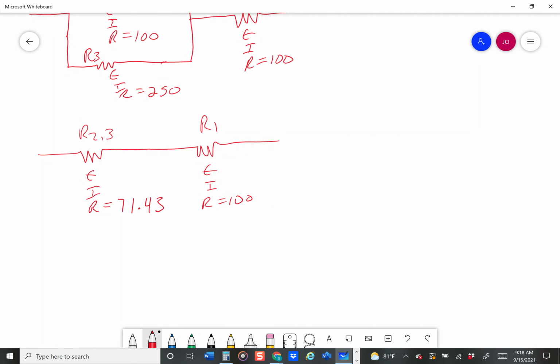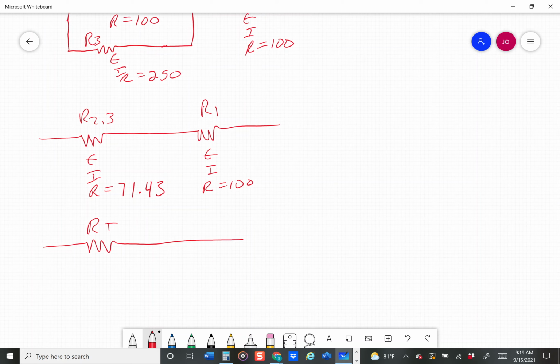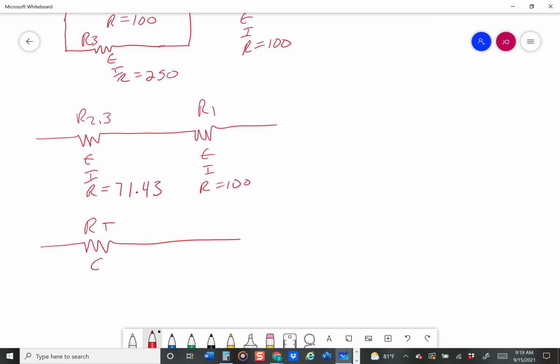And now that I've got the 71.43 ohms and the 100 ohms in series, I can solve for my R total, which is 171.43 ohms. I remember that my source voltages were both 24 volts. If not, you can go back up to the picture and look at it. You'll be fine.